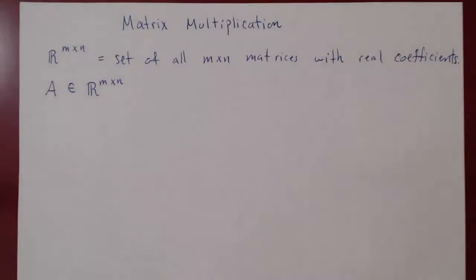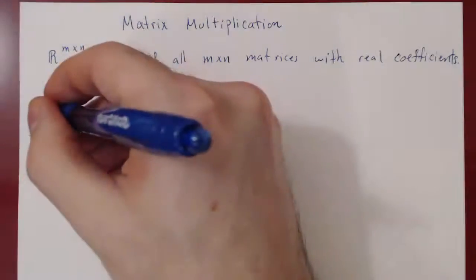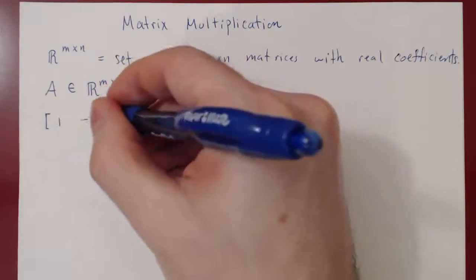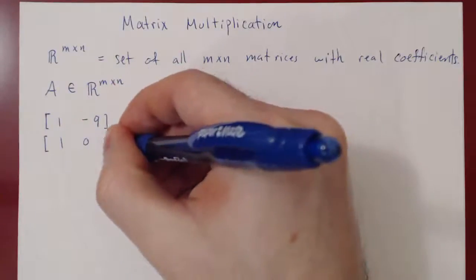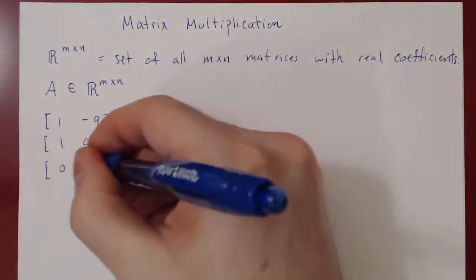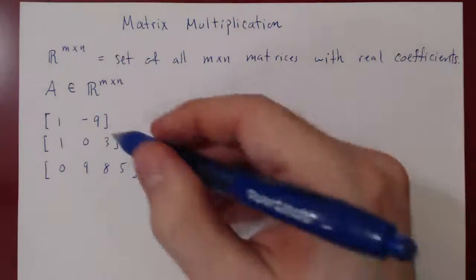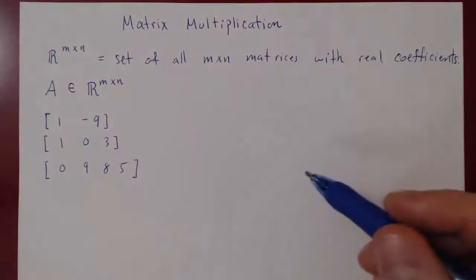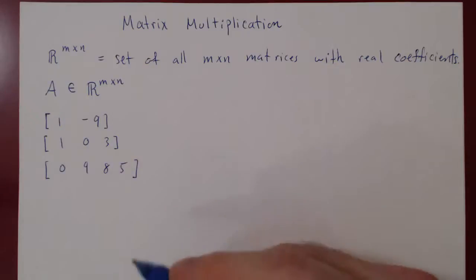Let's look at two simple classes of matrices, row matrices and column matrices. And I'll define them by showing you examples. So here's one matrix, let's say 1, negative 9. Here's another, let's say 1, 0, 3. And here's another, 0, 9, 8, 5. These are called row matrices as they consist of a single row, and we call the length of such a matrix the number of entries, the number of coefficients.